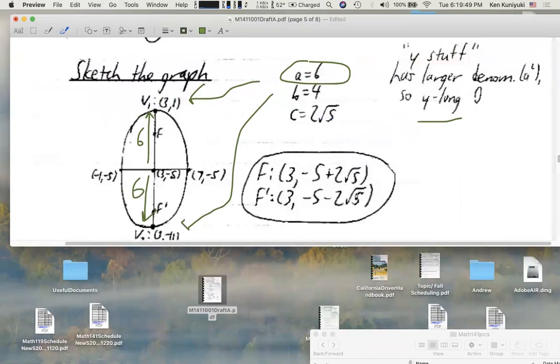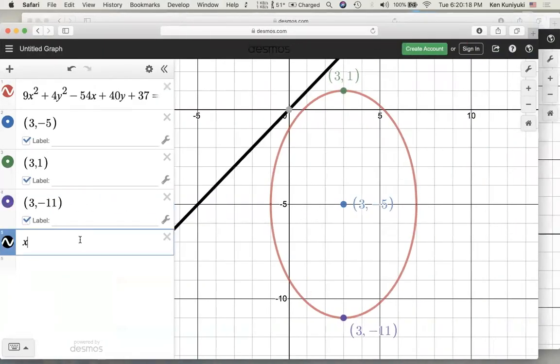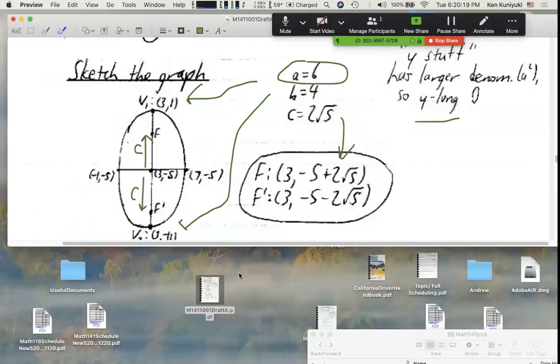Now for the 2 foci, it's similar to calculating where the 2 vertices are, except that when we change the y-coordinate, we don't add A, we add C. That's the distance from the center to each focus. We add C to the y-coordinate, we subtract C from the y-coordinate. All this is happening on the vertical line x equals 3. That's the axis, the major axis.